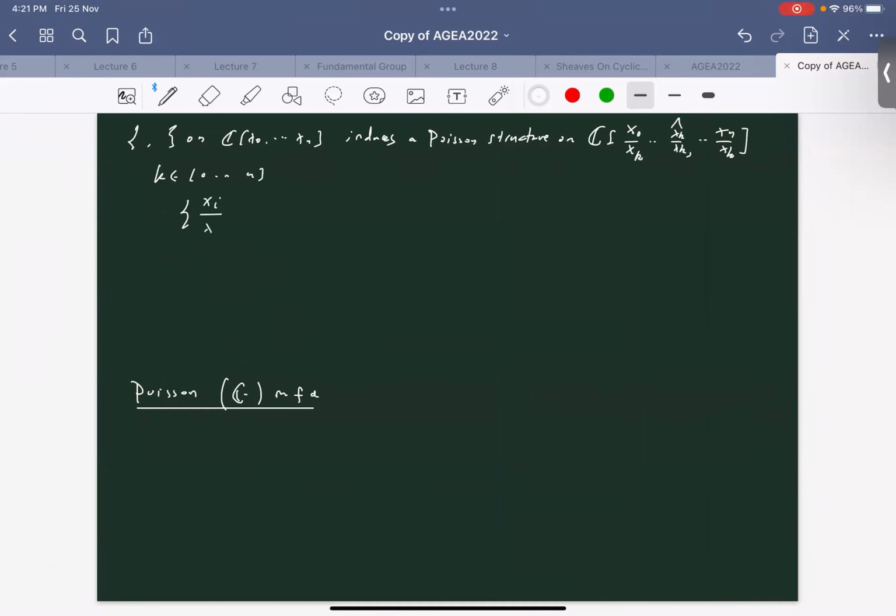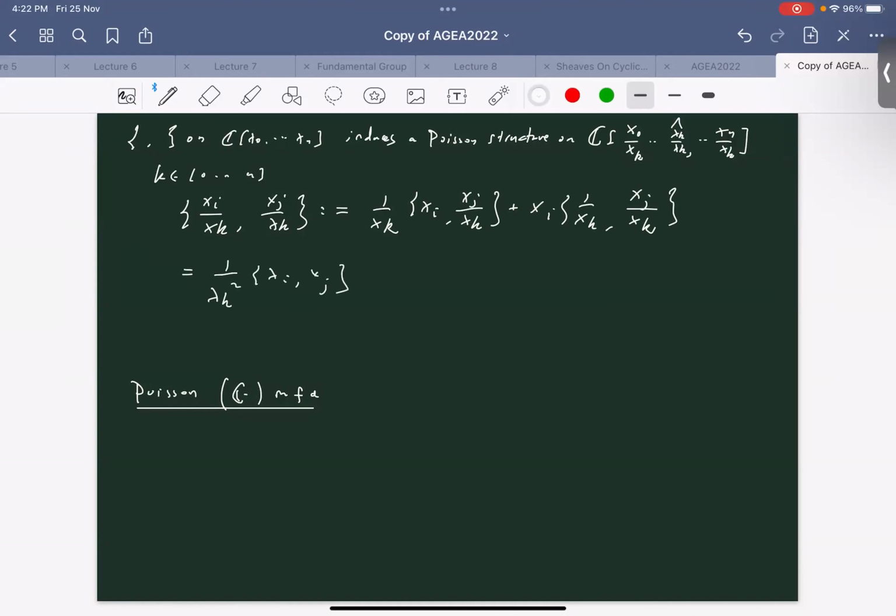To define the bracket on this new polynomial ring, I just force the Leibniz rule to hold for the rational function, which means I make the following definition. This is like forcing the Leibniz rule to hold for the rational function. If I further expand it by applying the Leibniz rule, I get the following final formula, which has 3 terms.